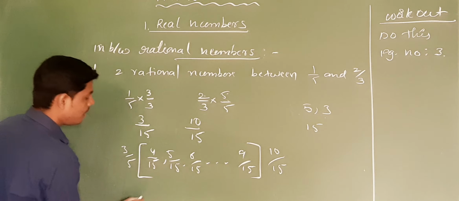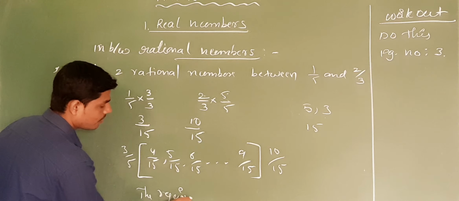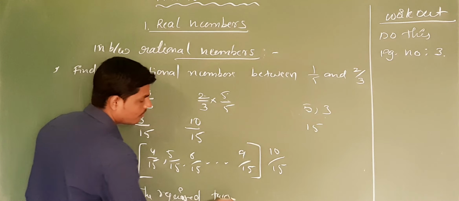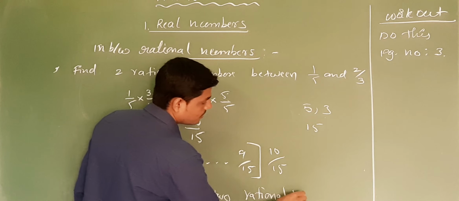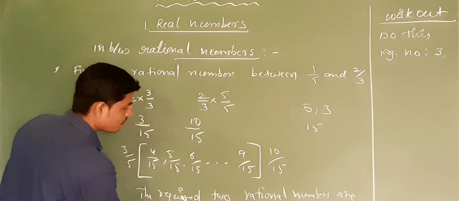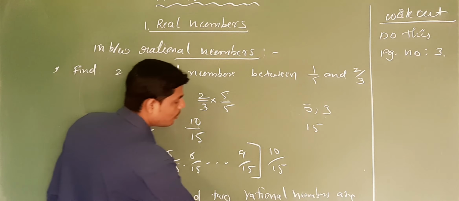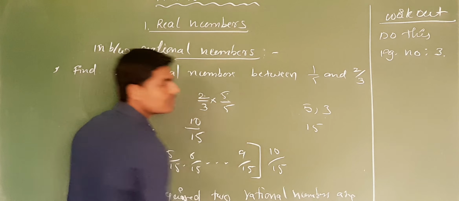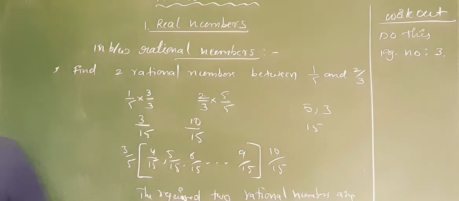So the required two rational numbers are 4 by 15, 5 by 15, up to you, you can take 9 by 15. And we'll take another example.